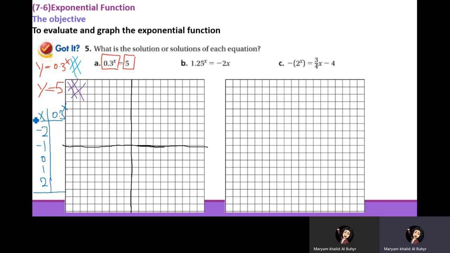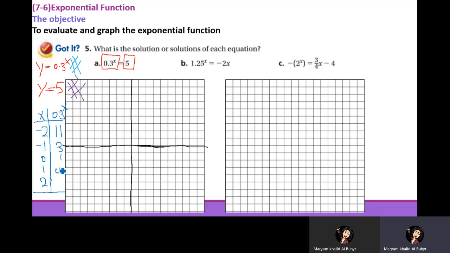Once I'm doing that, 0.3 to the power -2 will give you 11 point something, but try to estimate it as 11. If you have 0.3 to the power -1, it will give you 3.333. So try to estimate it again as 3. Once you have 0, it will be 1.